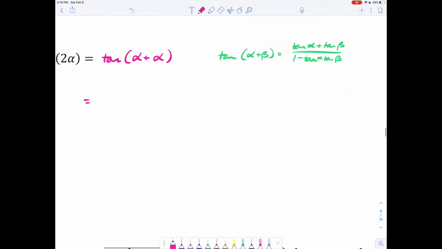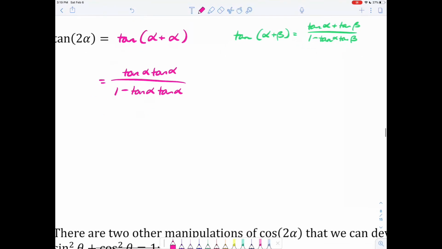So we will write this as tan alpha, not beta anymore, alpha again, over 1 minus tan alpha, tan alpha. Oops. This top should have had a plus in it. See, there's this plus here. I should be using that here as well.